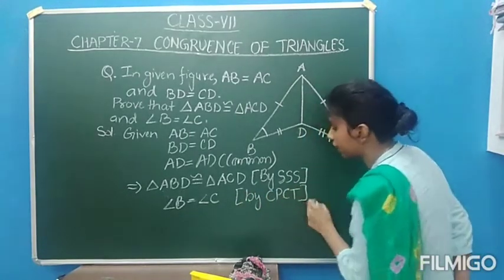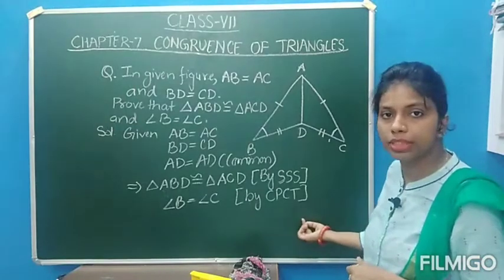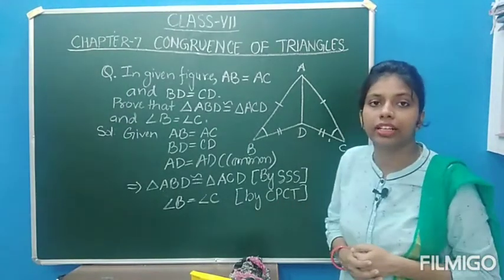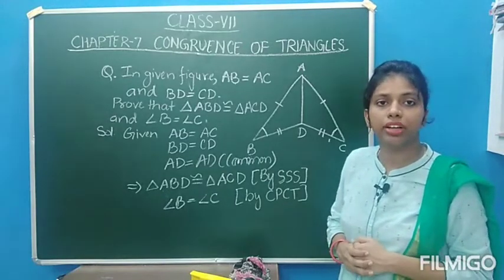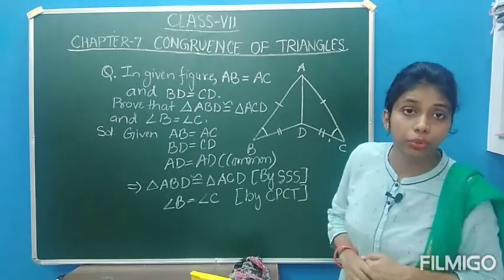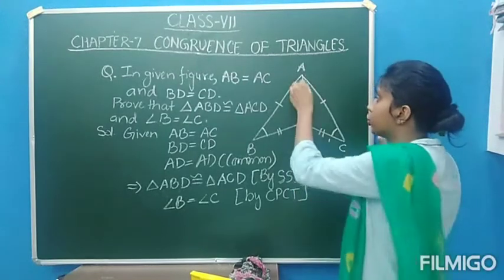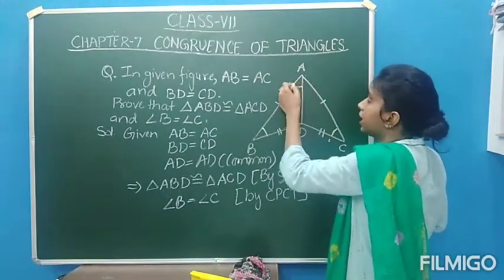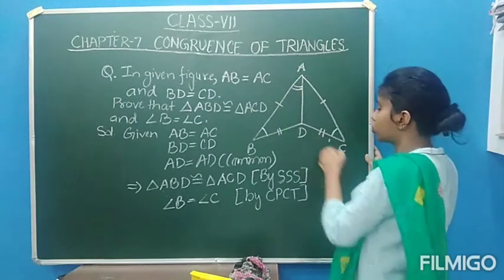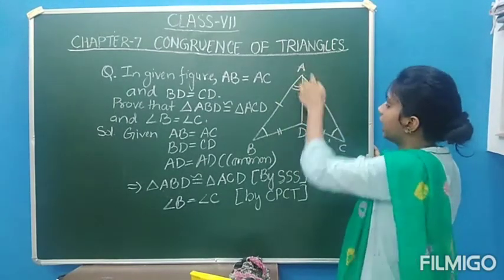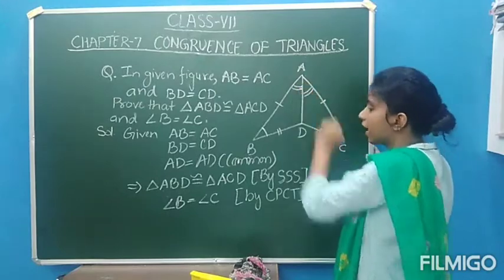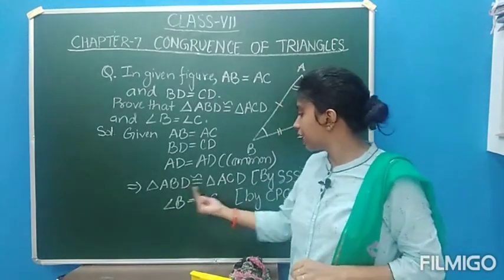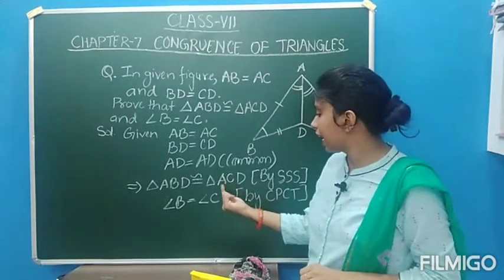By CPCT. And you know what the full form of this CPCT is? It is corresponding part of congruent triangle. All the corresponding parts of congruent triangles are going to be equal. Like if we have a question like this, angle BAD is also equal to angle CAD.